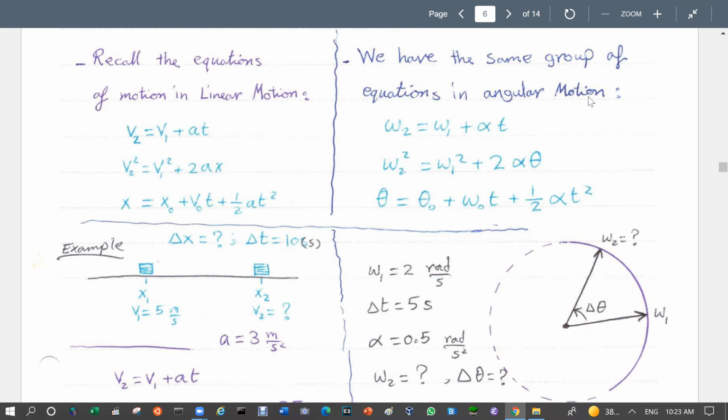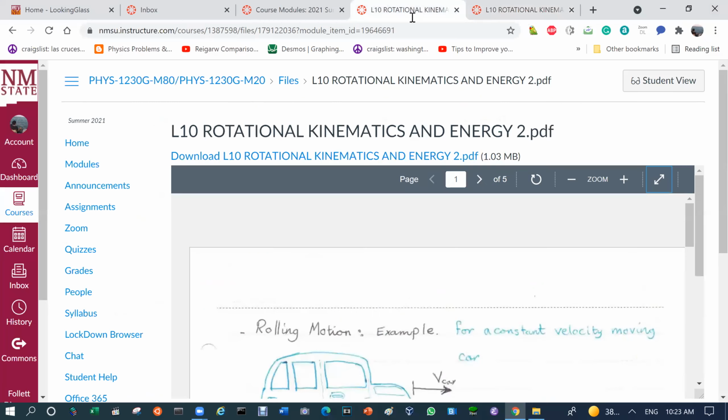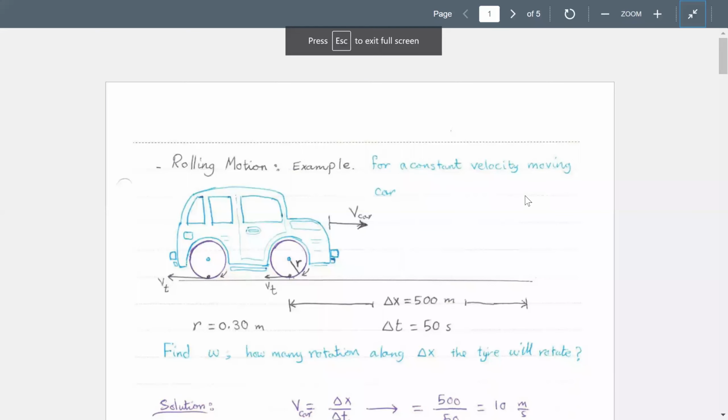Now we will continue. We have something called the rolling motion, which is the part that connects the linear and the rotational motion. We need to put this example. If we have a car moving with a velocity v car to the positive x-axis, as you see here. We are dealing with the theta and the radius and so on.